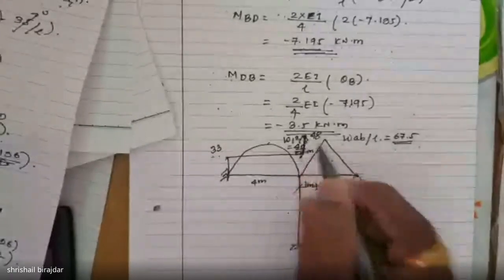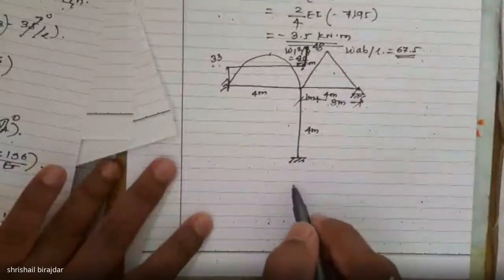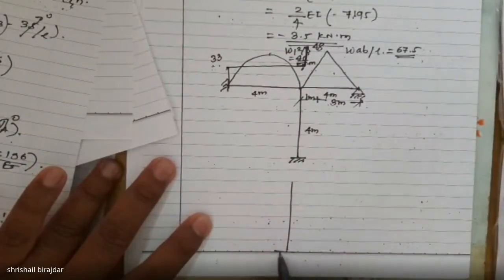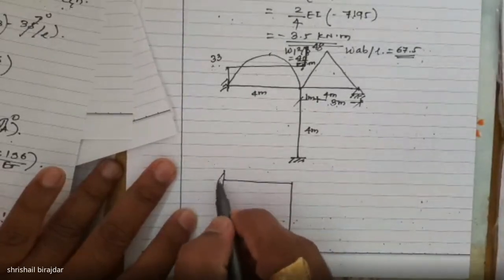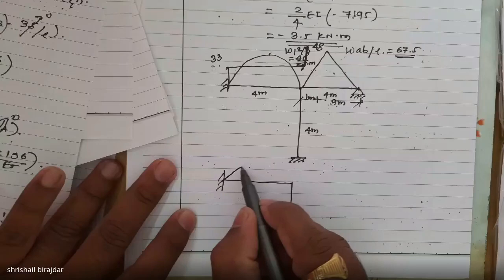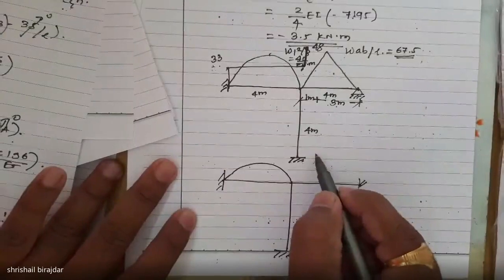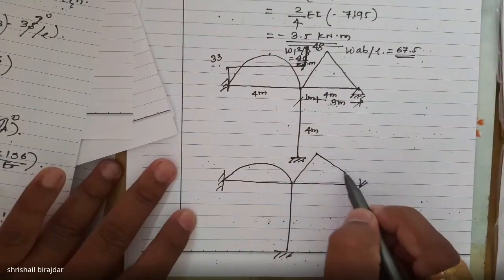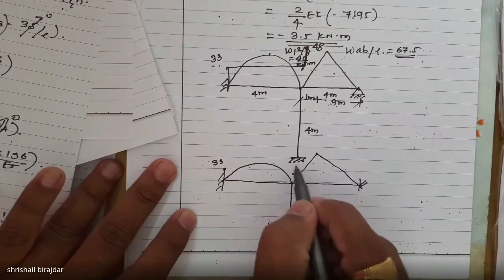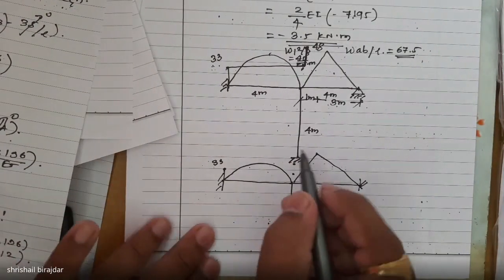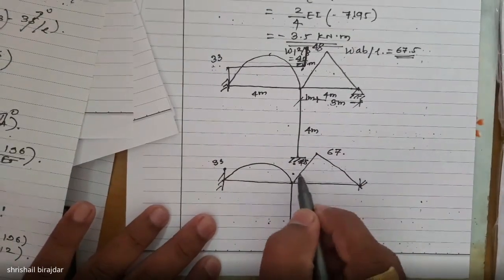For the sake of simplicity, I am just drawing this particular frame once again. Otherwise, it will be difficult for me to explain. You have to draw a proportionate diagram. Okay, 33 here, 12 here, again 48 here, 67, 48, 12.